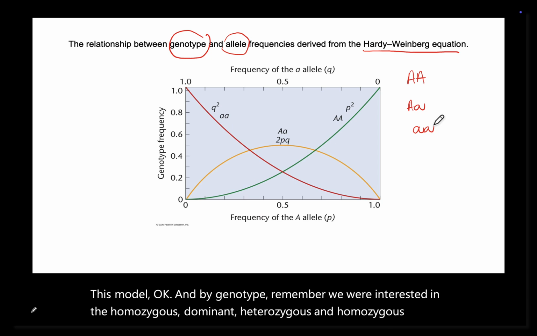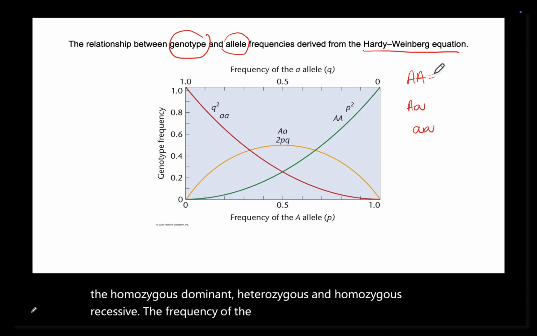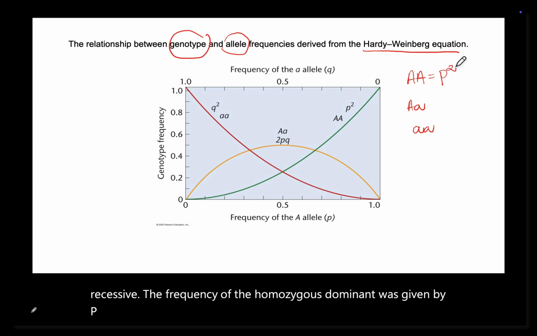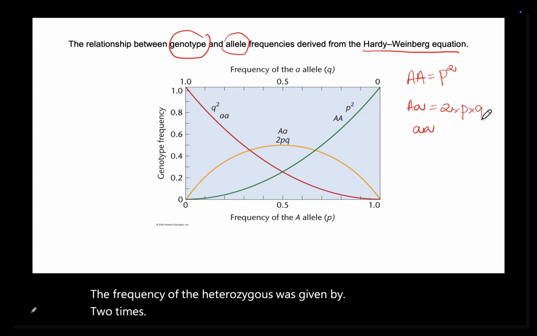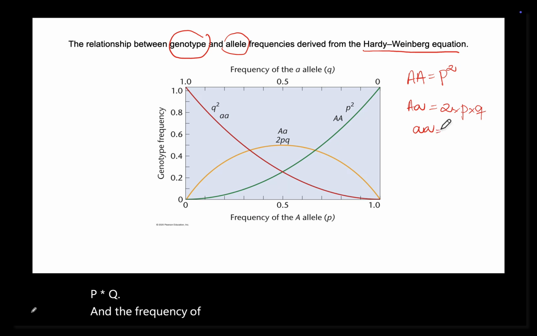The frequency of the homozygous dominant was given by p squared. The frequency of the heterozygous was given by 2pq. And the frequency of the homozygous recessive was given by q squared.